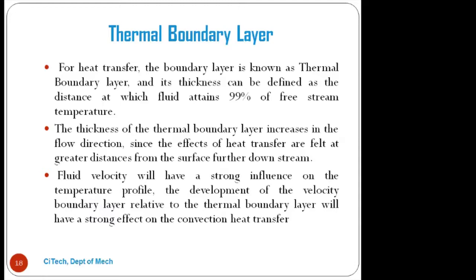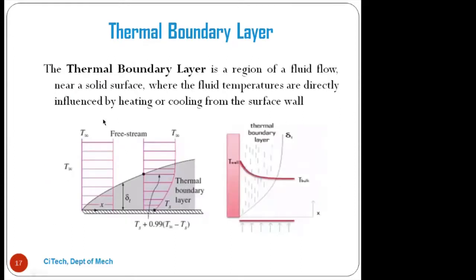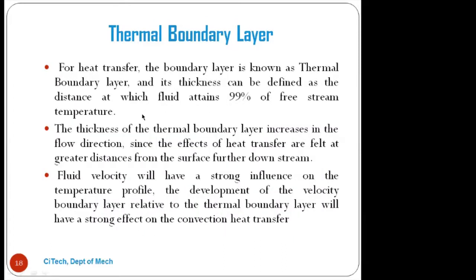So delta T is called the thermal boundary layer thickness, which is on the plate, and can be defined as the distance at which the fluid attains 99% of the free-stream temperature, T infinity. Understand? That is the thickness perpendicular from the surface, called the thermal boundary layer thickness.